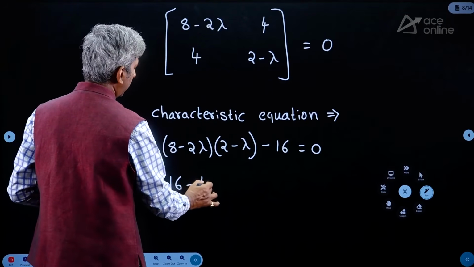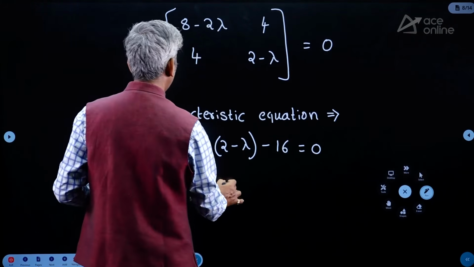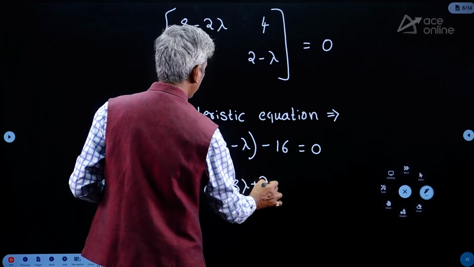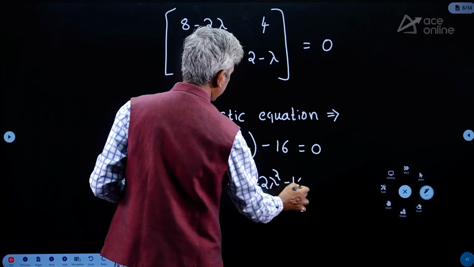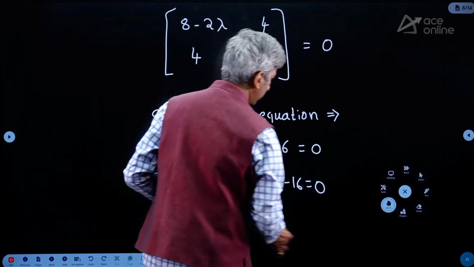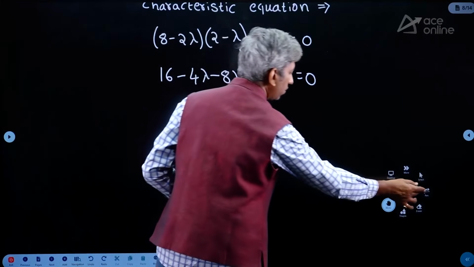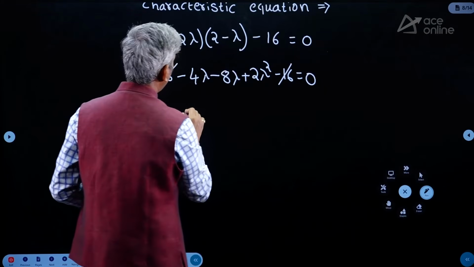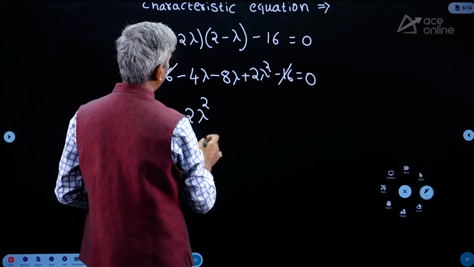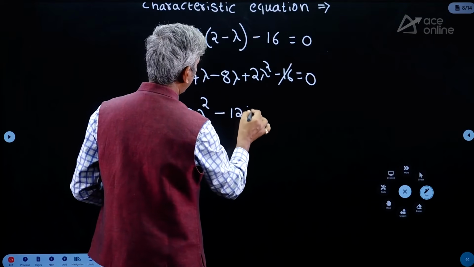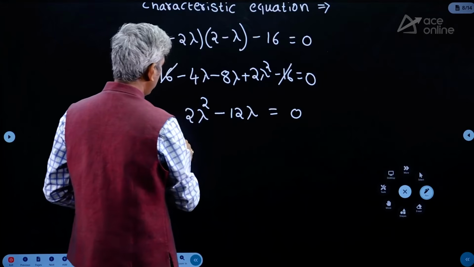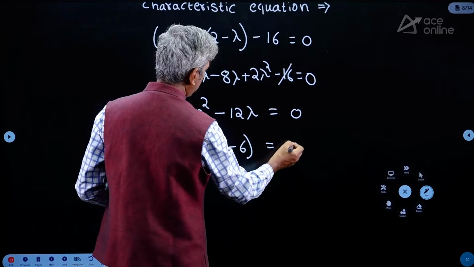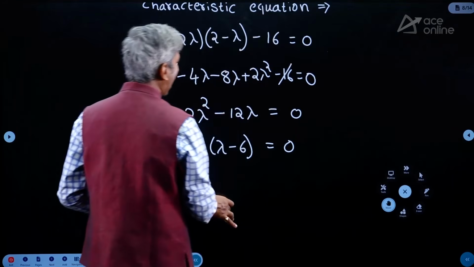That is 16 minus 8 lambda minus 4 lambda plus 2 lambda square minus 16 is equal to 0. So let us knock off the 16 on both sides, and then 2 lambda square minus 12 lambda is equal to 0. So 2 lambda multiplied with lambda minus 6 is equal to 0.